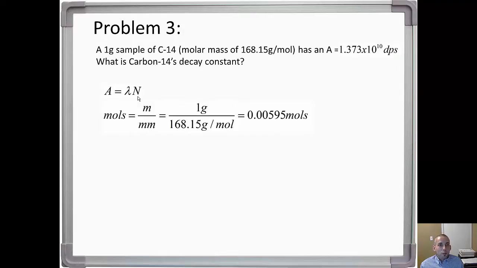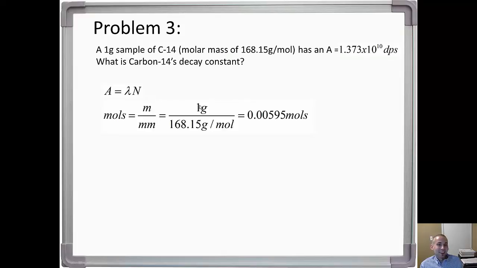So we have to calculate moles. The way I memorize it, if you remember from chemistry, is moles equals m over mm, mass over molar mass. You're probably going to use it again in radiological physics, if you didn't already use it lots in chemistry.